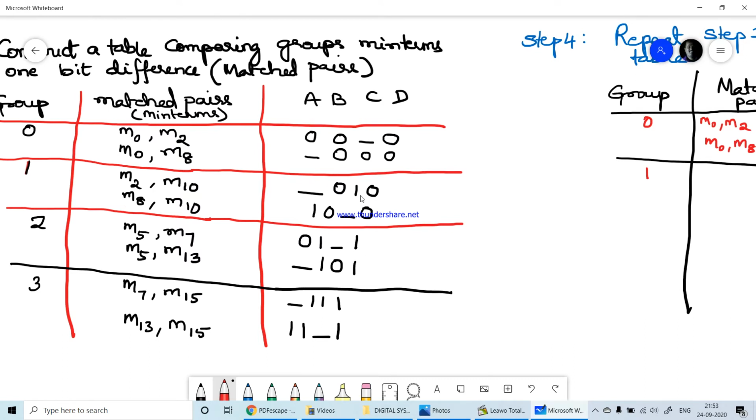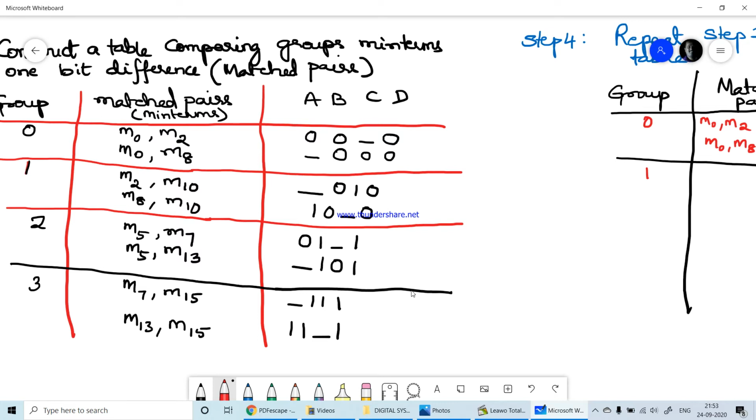No, we have more than one bit difference. Similarly M2 M10 and M5 M13, dash 1 0 1 and dash 0 1 0. We have more than one bit difference, so it is not possible. Similarly 8 10 and 5 7, not possible. Similarly 8 10 and 5 13, again it is not possible because we have more than one bit difference.